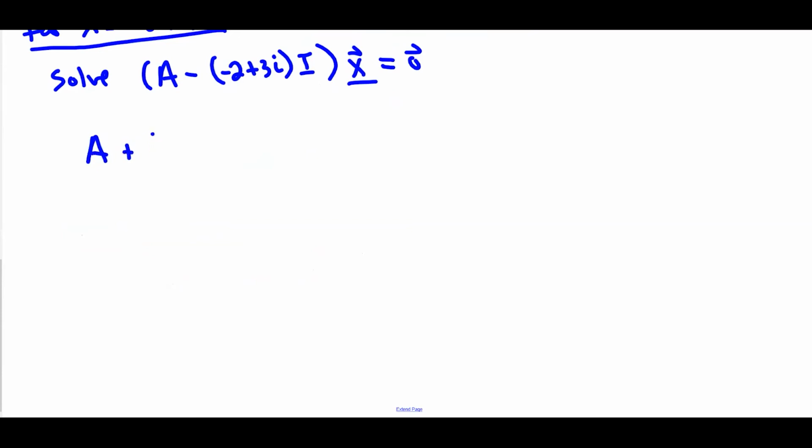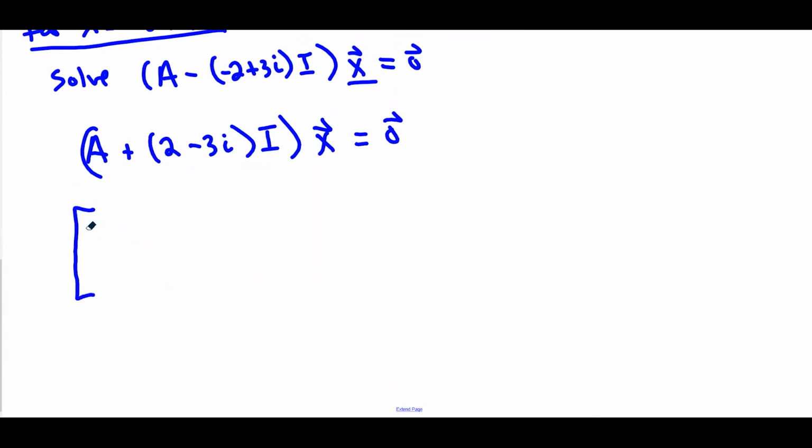So I'm just going to distribute this. So we get plus 2 minus 3i times I times x equals 0. So we're going to multiply I times 2 minus 3i and add to A. So it's like taking the main diagonal of A and adding 2 minus 3i.